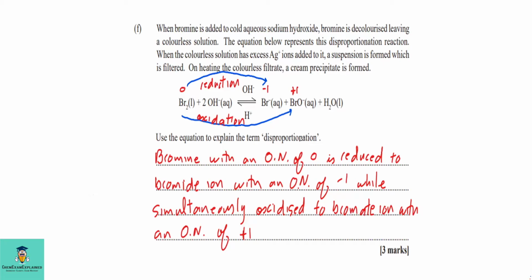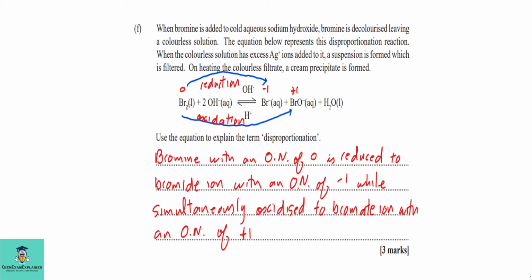Now, the first thing I must say is that once you hear this term or see the term disproportionation, then the same species that is oxidized is the same species that will be reduced in the same equation. So bromine with an oxidation number of 0, because it is an element in its free state, so it's 0, it is reduced to bromide ion.